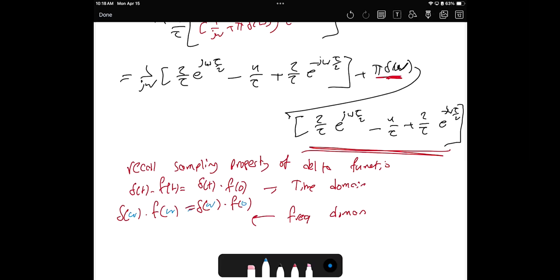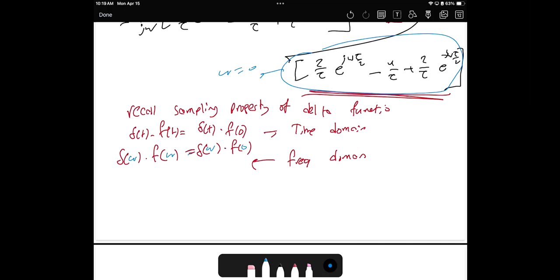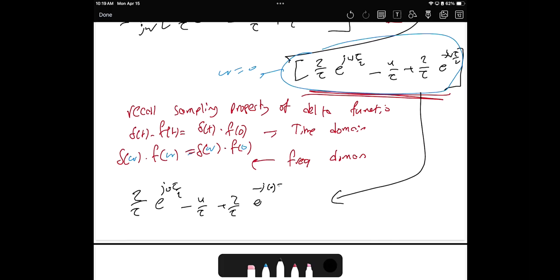In other words, when we have the delta, we need to substitute omega equals 0 in this expression. So let's try to substitute. Look at this expression: 2 over tau e power j 0 tau over 2 minus 4 over tau plus 2 over tau e power negative j 0 tau over 2.